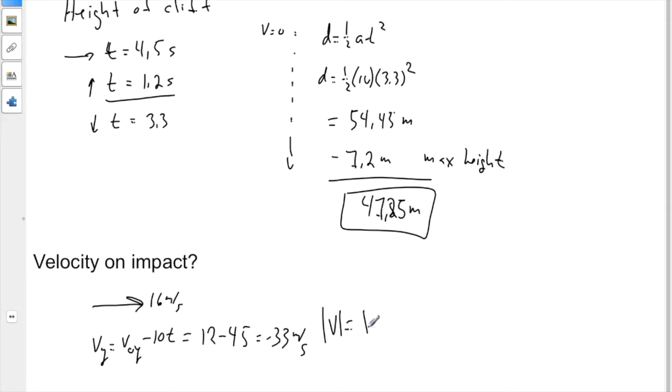The magnitude of the velocity is therefore the square root of 16 squared plus 33 squared.